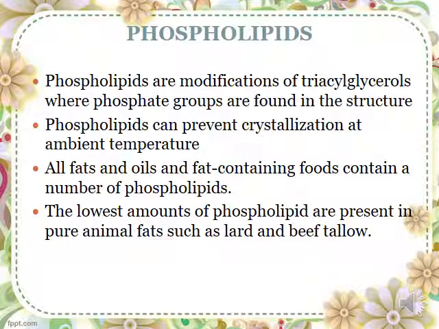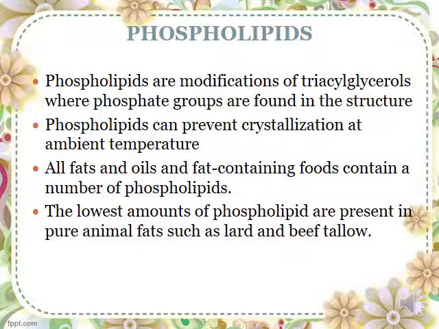The advantage of phospholipids is that they can prevent crystallization at ambient temperature due to their polar characteristic. When it's polar, it will prevent crystallization, especially when applied to food products.